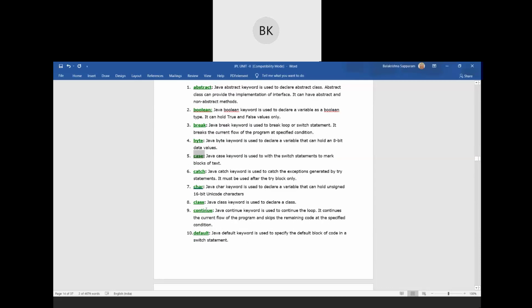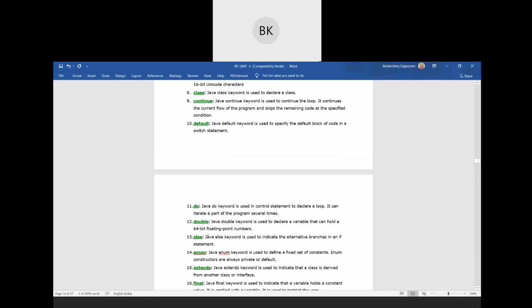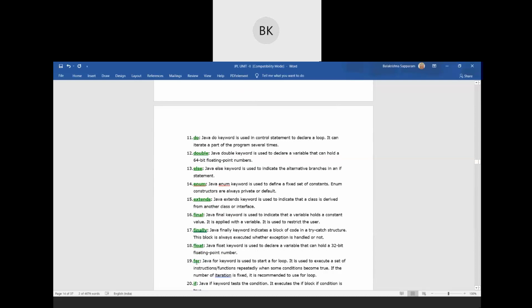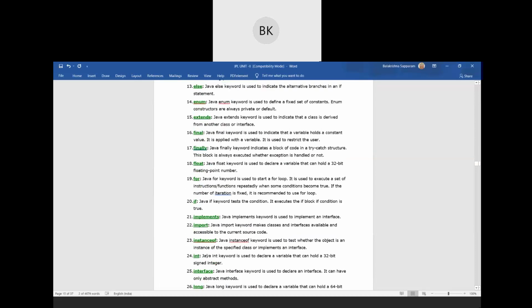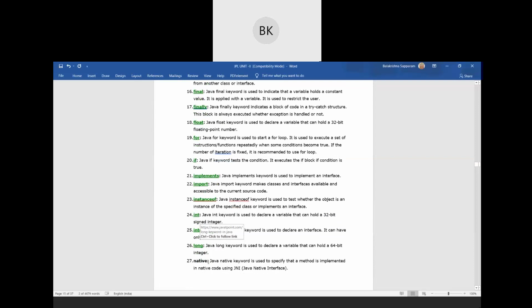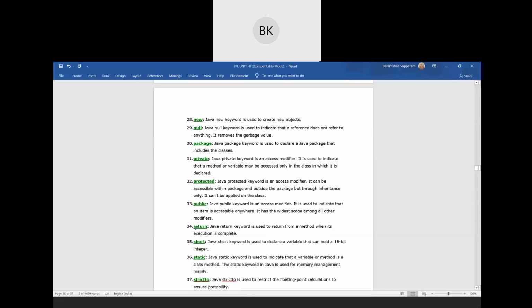Continue is there, default is there, do is there, and also else, enum. No extends, no final, no finally. Float is there, for is there, if is there. No implements, no import, no instanceof. Int is there. No interface. Long is there. No native, no new, no null, no package, no private, no protected, no public. Return is there.